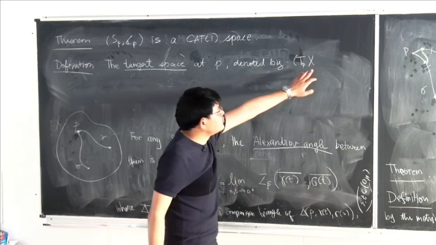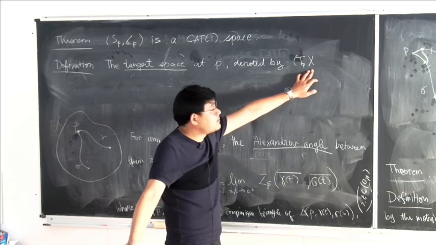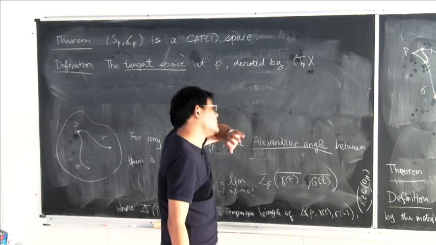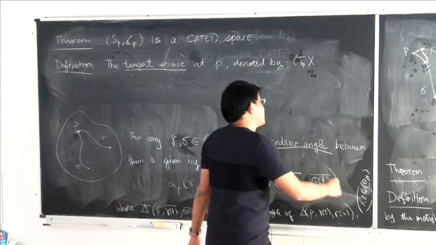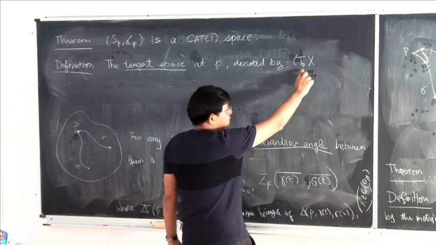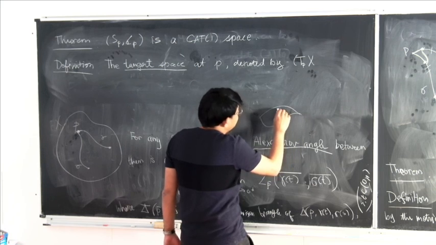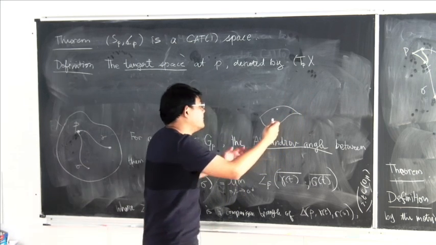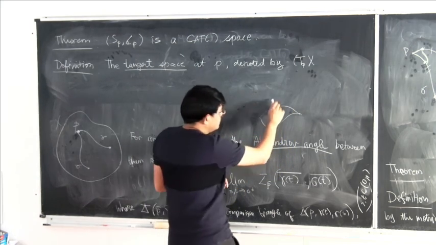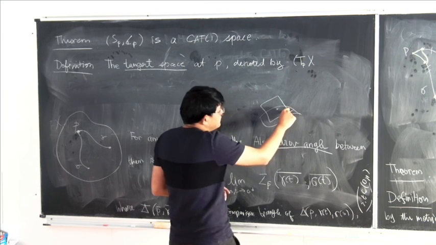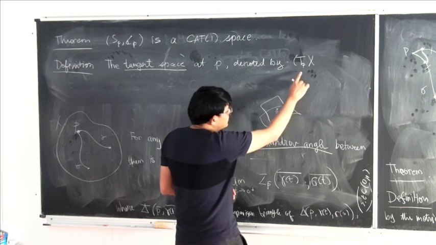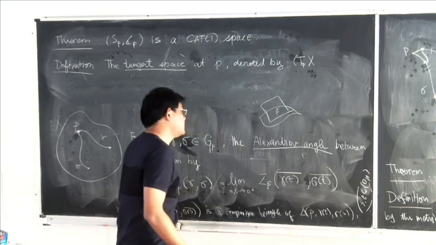Many people will drop this X and many people will include this X. I prefer to include it, because actually what is this? It is the tangent of X. If X is some surface, then what is this tangent to? It's tangent to X, but at the point P. So I prefer to include X here.